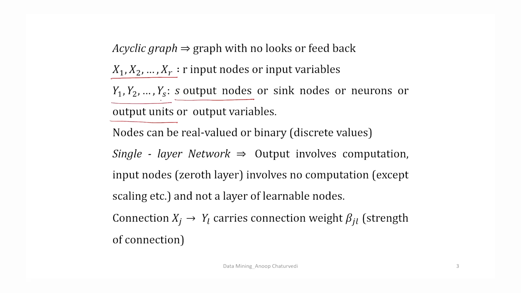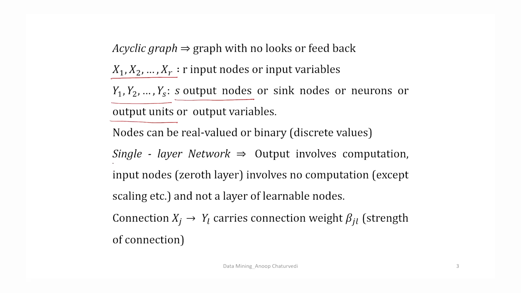So, we have R input variables x1, x2, ..., xr, and then we have S output variables y1, y2, ..., ys. And these nodes can be real valued or binary, that is discrete values.